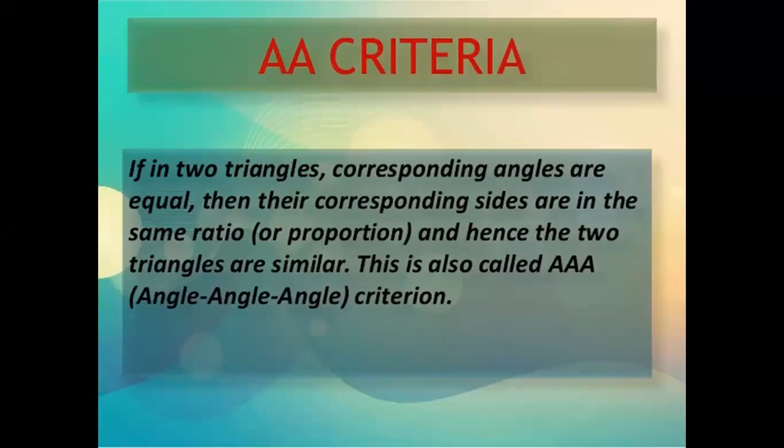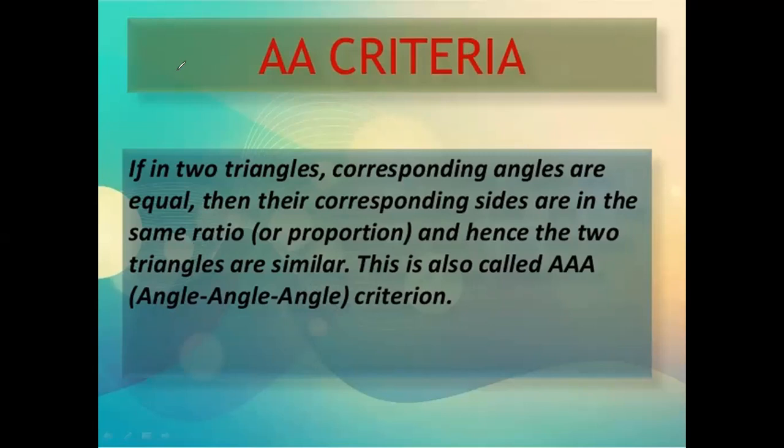Please read, Dean. Yes, you read on the screen. If in two triangles corresponding angles are equal, then their corresponding sides are in the same ratio or proportion, and hence the two triangles are similar. This is called the angle criterion.